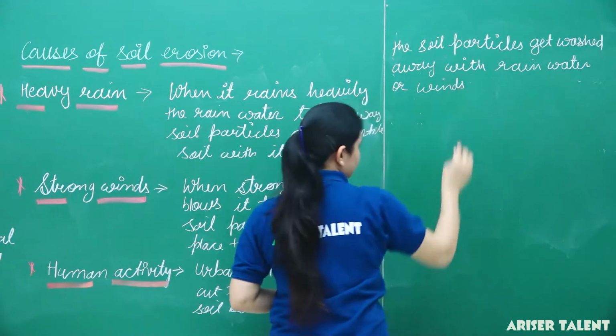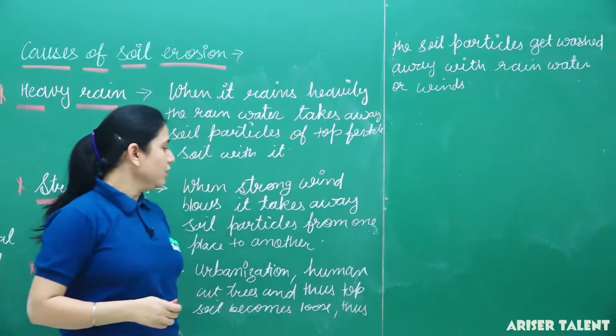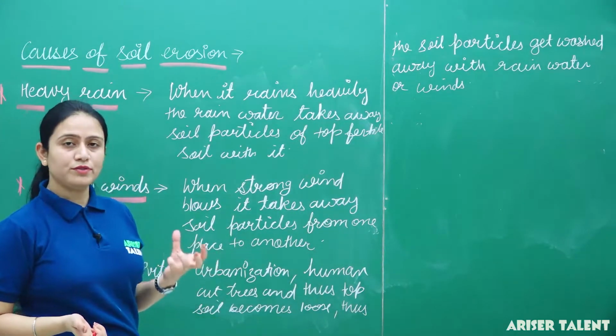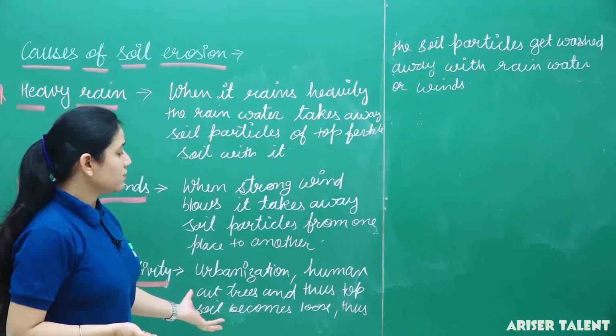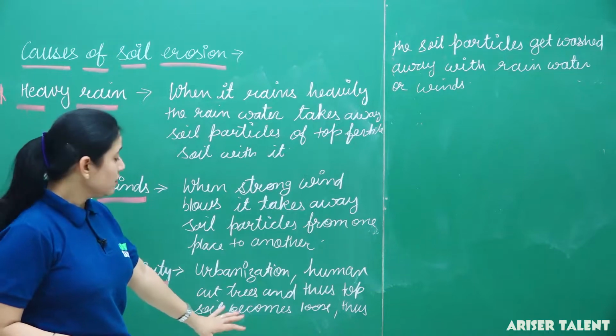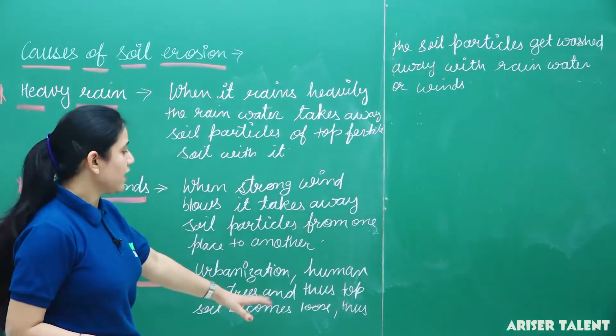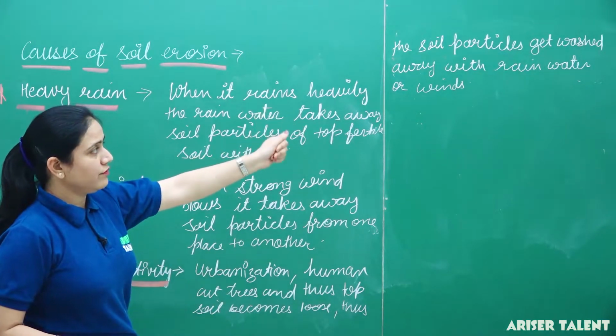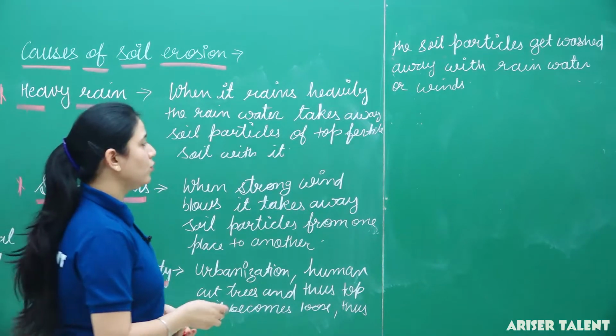As we all know, roots bind the soil particles together. Once we cut down the trees, there will be no roots, and then the soil will become loose, and thus it can get washed away by rainwater or wind.